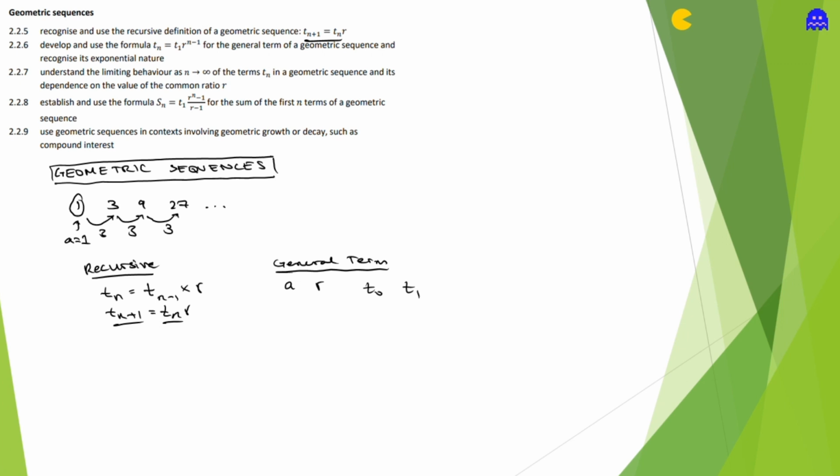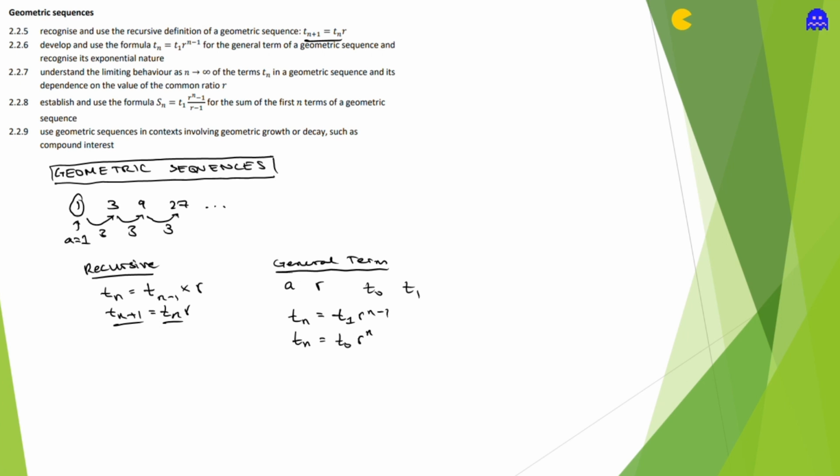So, the general term of a geometric sequence will be t_n equals t1 times r to the n minus 1 if we label the first term as t1, or if we label the first term as t0, it'll be t0 multiplied by r to the n.